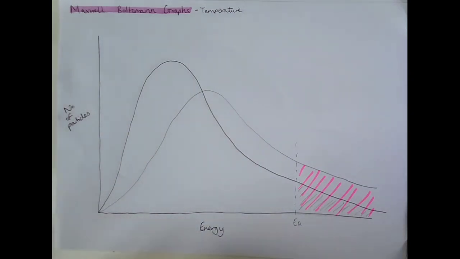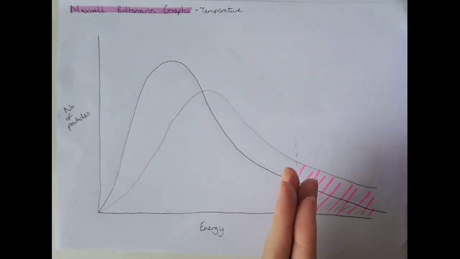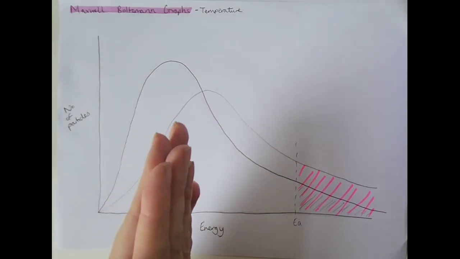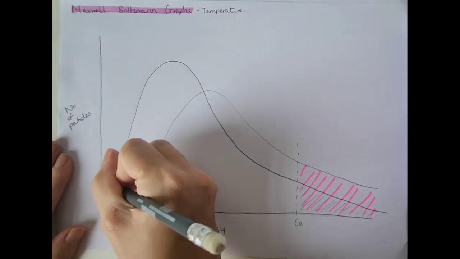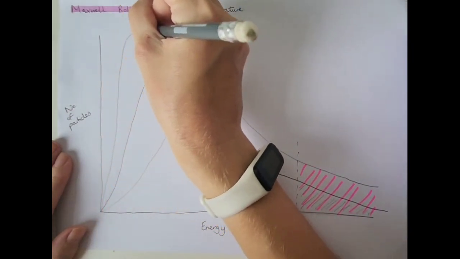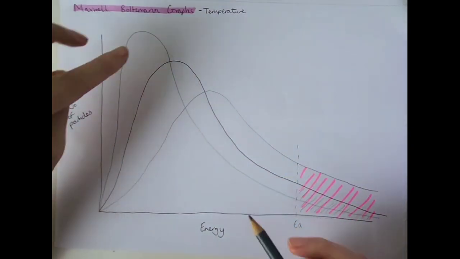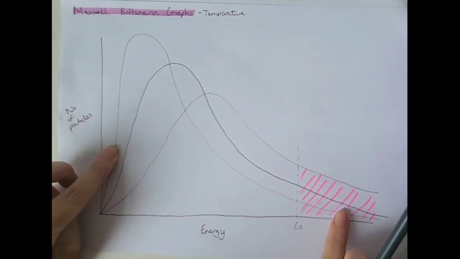So if the temperature goes up, the curve goes down to the right. If the temperature goes down from the original curve, you're going to get a higher peak, so up and to the left, because the energy is going to be lower overall. So you would have a steeper curve, a much steeper curve that's higher, and then it would come down. And similar to before, this extra area here should be equal to the area we've lost over here.